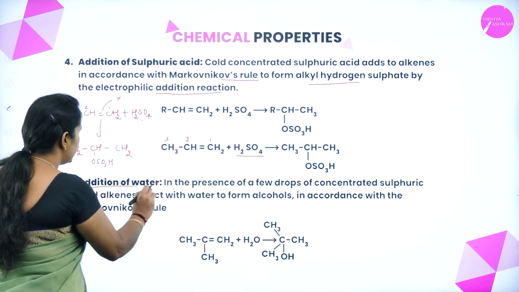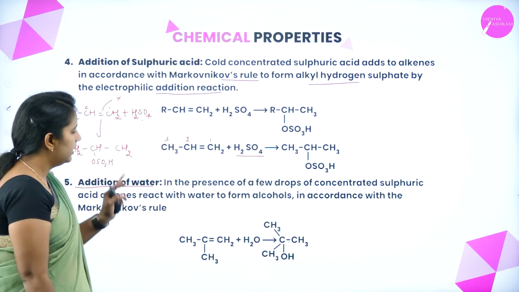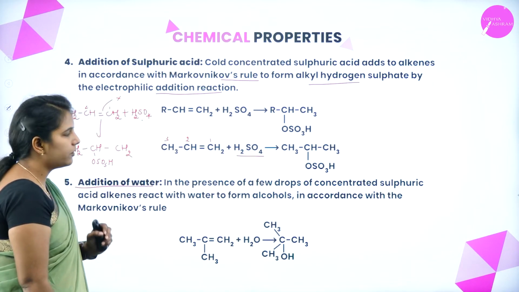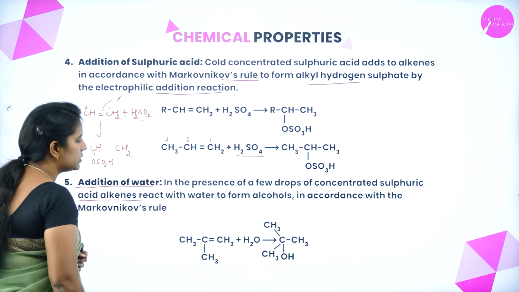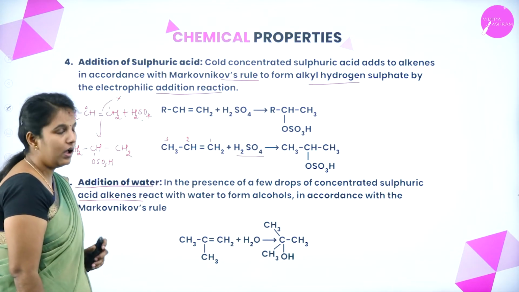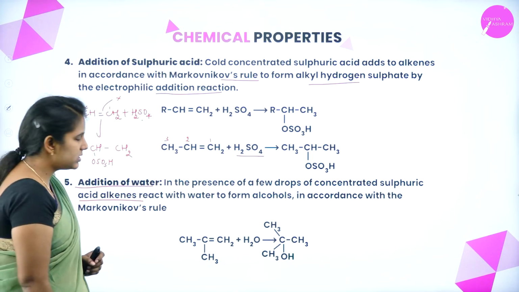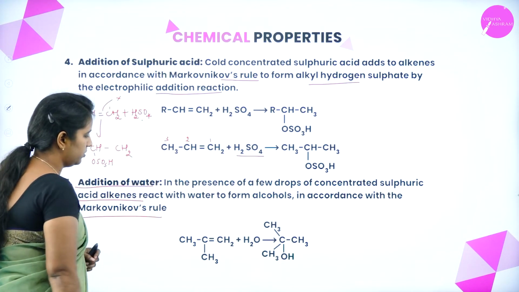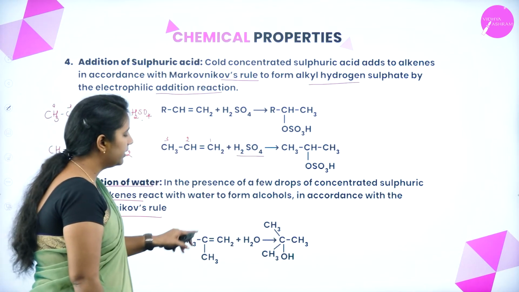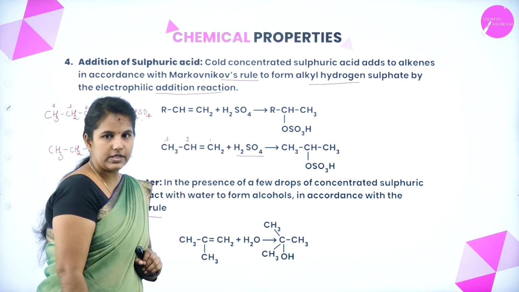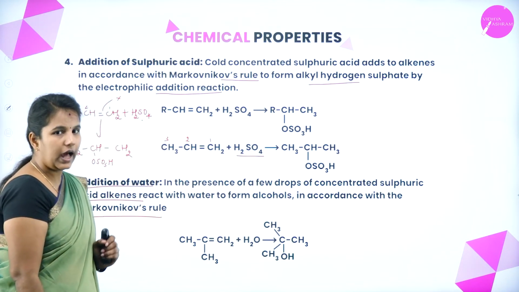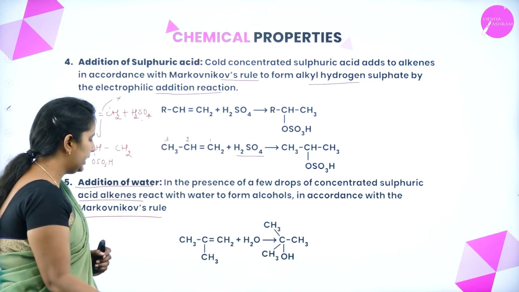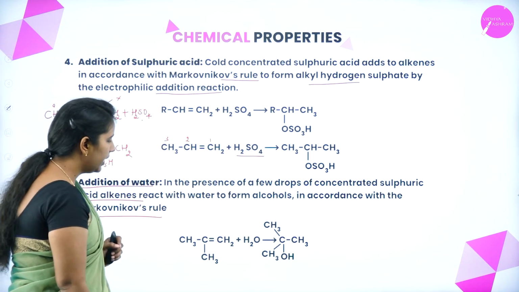In case of addition of water, in the presence of a few drops of concentrated sulfuric acid, the alkene reacts with the water to form an alcohol in accordance with the Markovnikov rule. We know that the Markovnikov rule says that the negative part of the reagent should attach to the carbon atom which has the fewest hydrogen atoms.